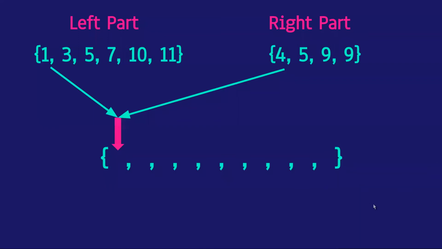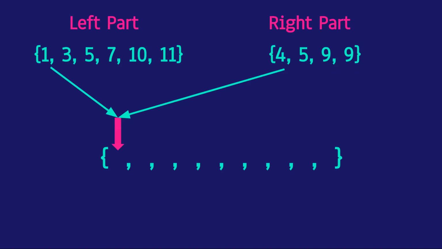Okay, so now you have the left and right part, right? So now what is important is, obviously you'll need to compare elements in the left part and the right part. Now how you compare them is the question. Firstly, we start with the leftmost element of the first array and the leftmost element of the second array. Let me repeat that statement.